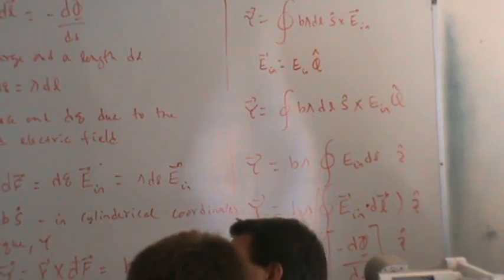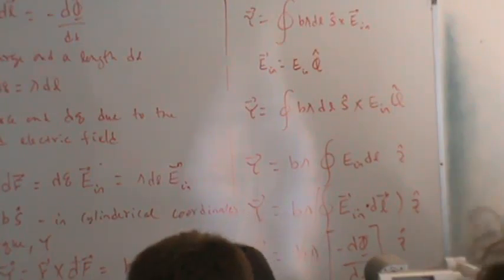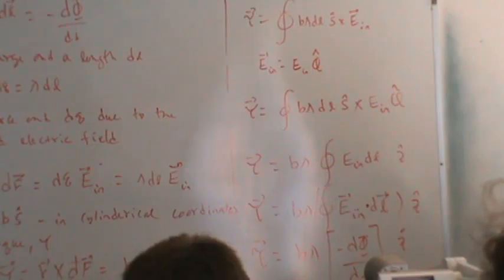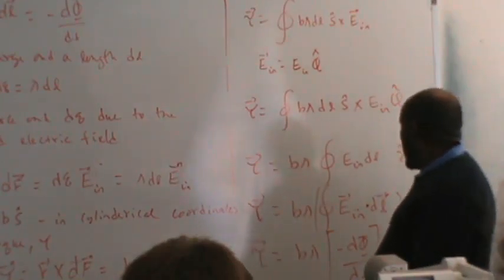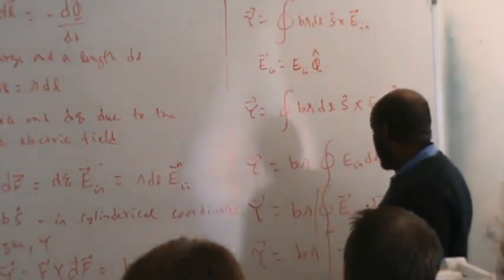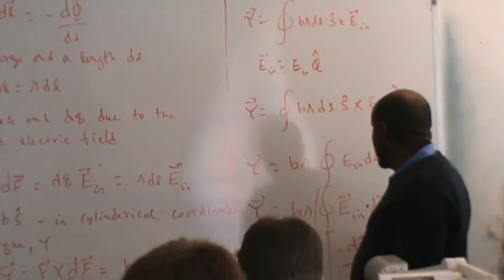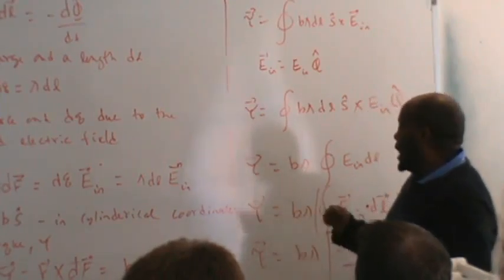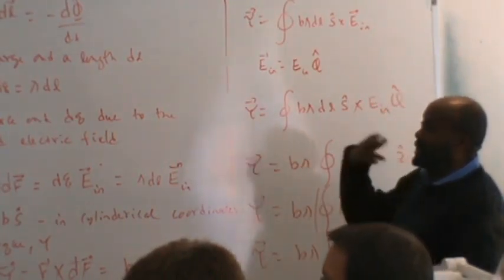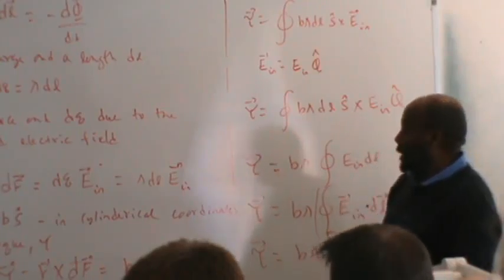And the second part is to show that the angular momentum imparted to the wheel does not depend on how fast you change the flux. It doesn't affect how much angular momentum you are transferring to the wheel.